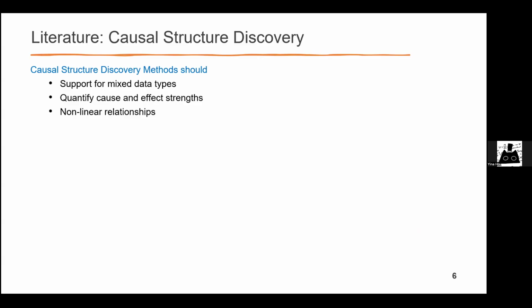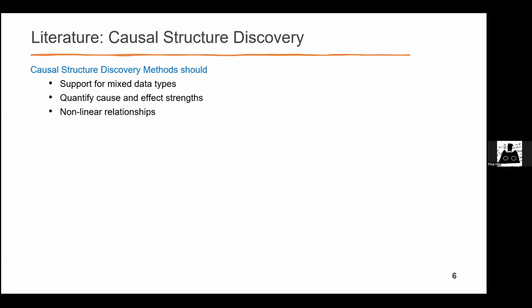However, most CSD models assume data is purely continuous or discrete variables. We need to consider whether the model can handle mixed type data for the first point. This point can be considered as one of the main gaps in CSD models.